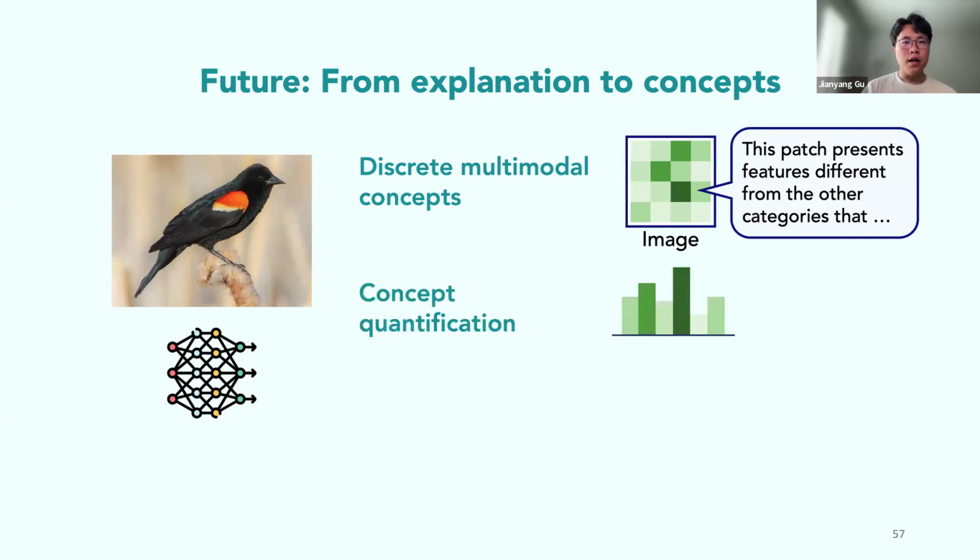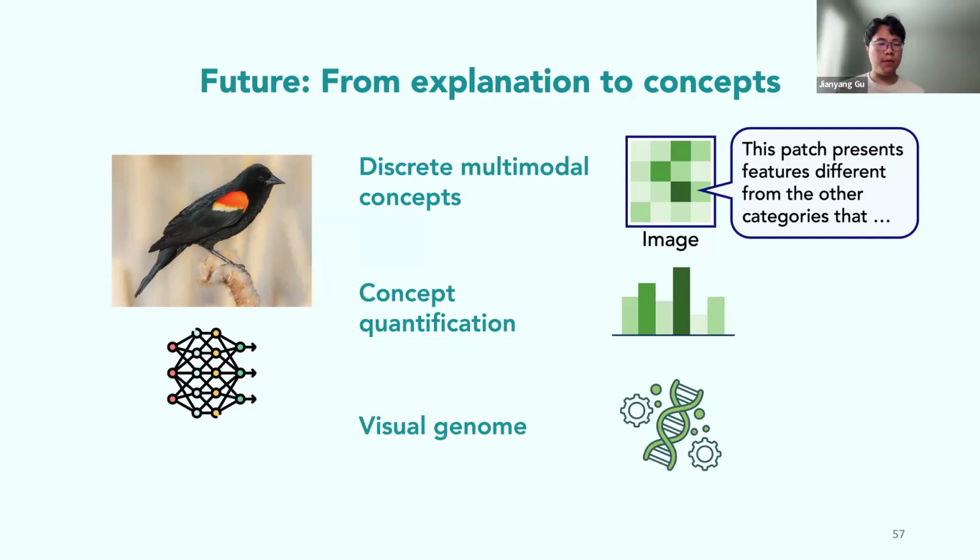And also, with these discrete concepts, we are able to quantify how strong a concept is for different images. Subsequently, we can develop what we call a visual genome. By some visual appearance features, we can identify a species.